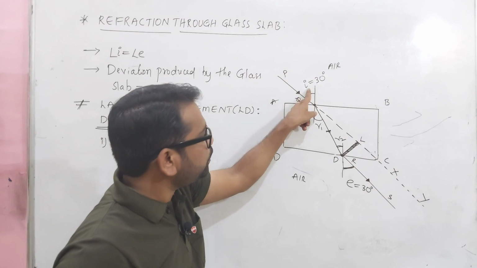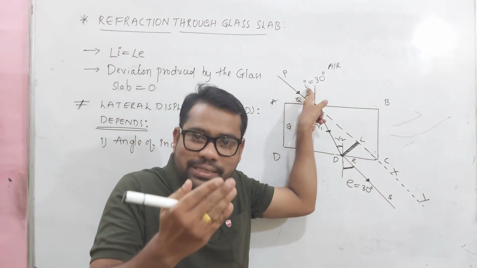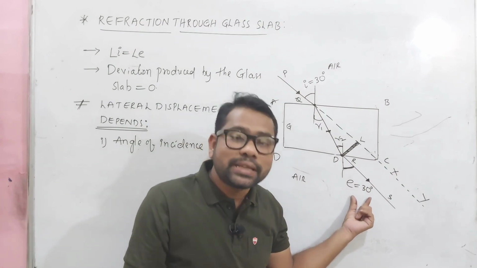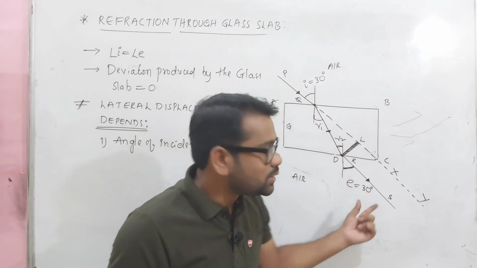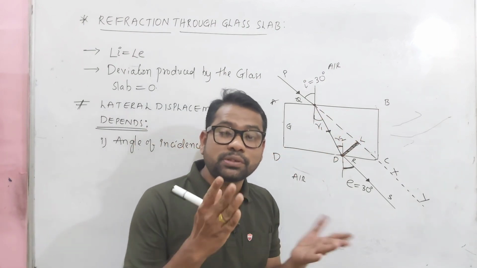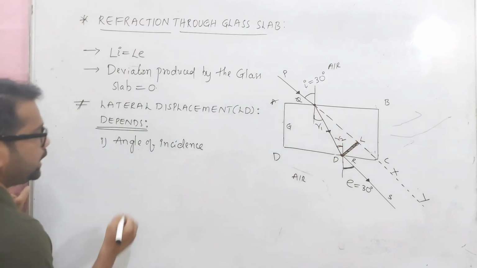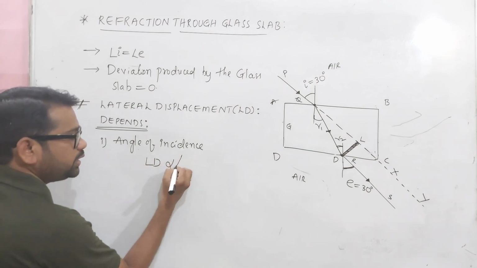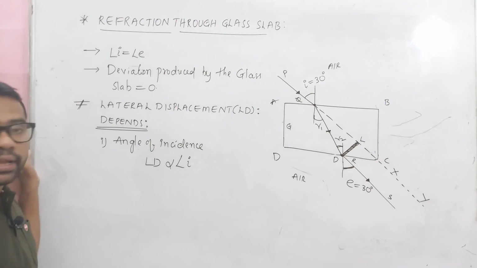As the angle of incidence keeps on increasing, the angle of emergence also increases. As the angle of emergence increases, obviously lateral displacement also increases. So lateral displacement is directly proportional to the angle of incidence.